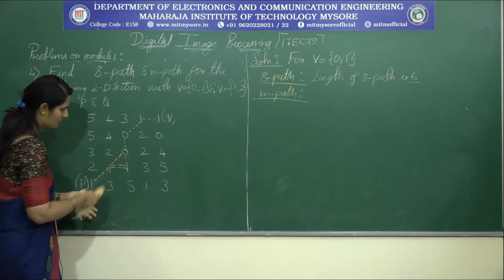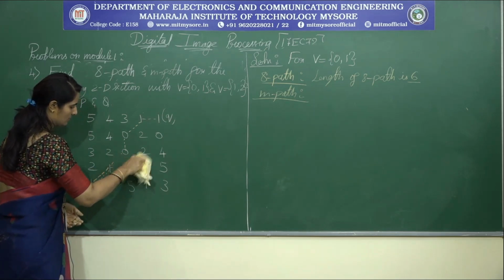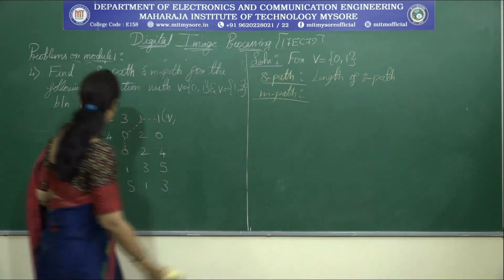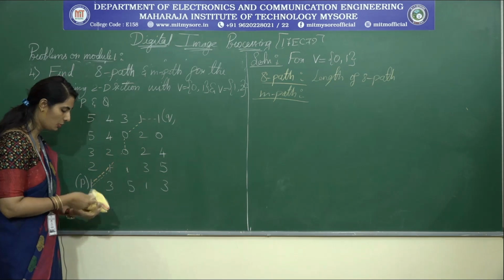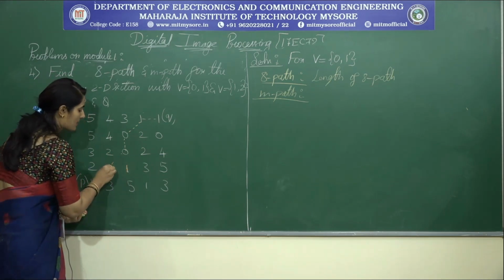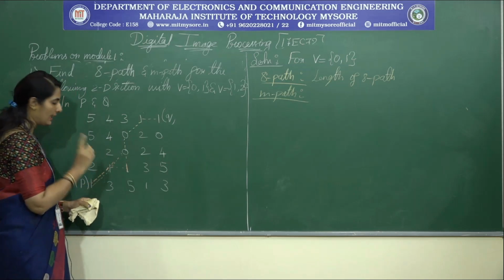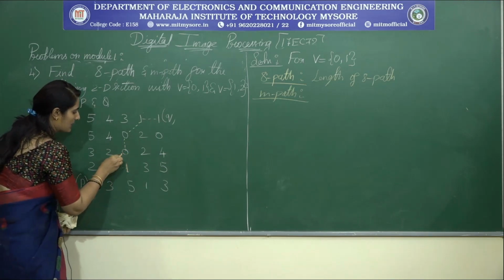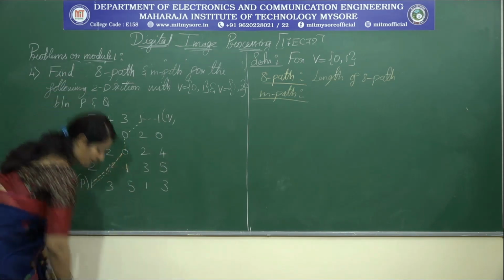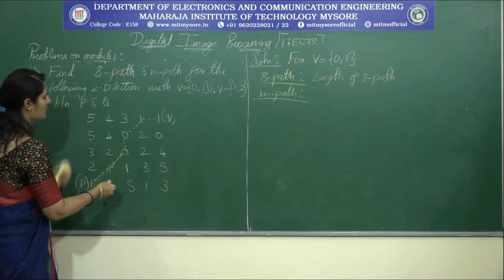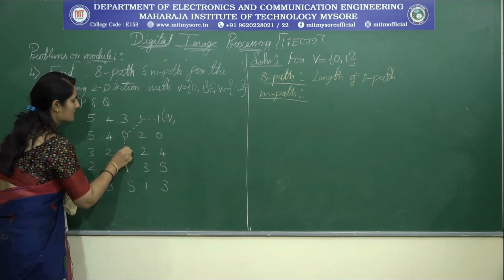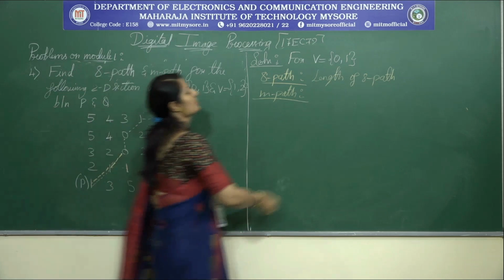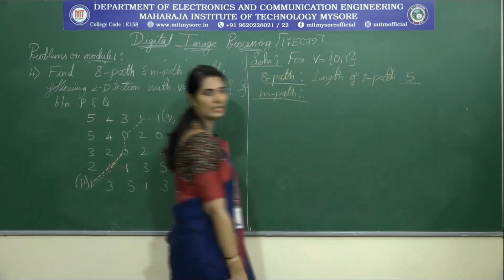So sorry, here in order to find out the 8 path between P and Q, I have 2 paths, this path and this path, whereas for 8 path I should always choose the diagonal path, the shortest path. So that path is this. I should choose this path, this path, this path. So the length of this path is 1, 2, 3, 4, 5. So the length of 8 path is 5.